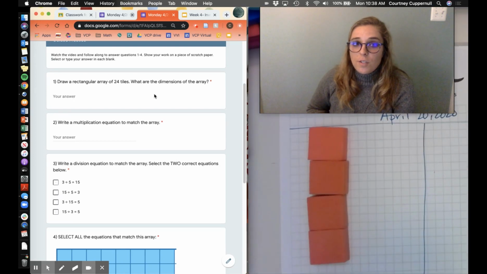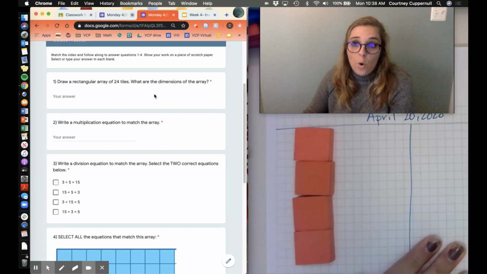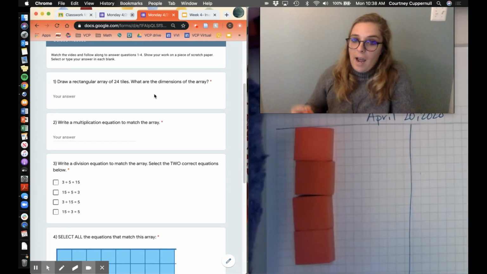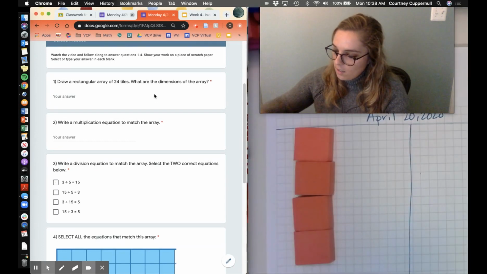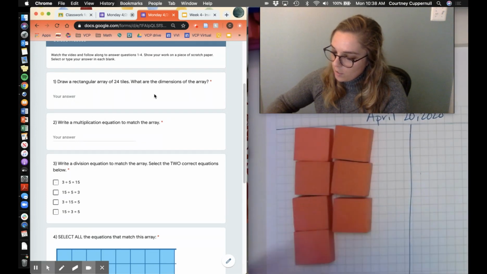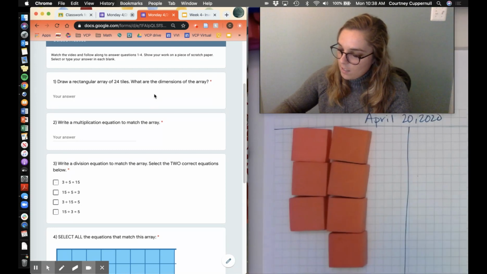So if you're somebody who needs to make the array, say I want to do columns of 4 or rows of 4 and see if that works. So that means I'm going to add 1 in each of my rows until I get to 24. So I know this is 1, 2, 3, 4, 5, 6, 7, 8.